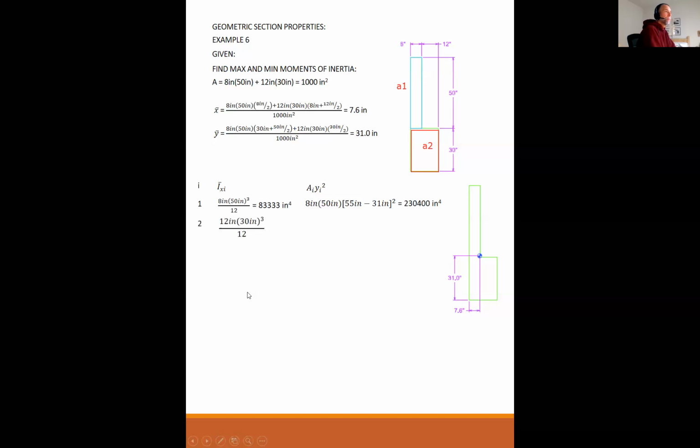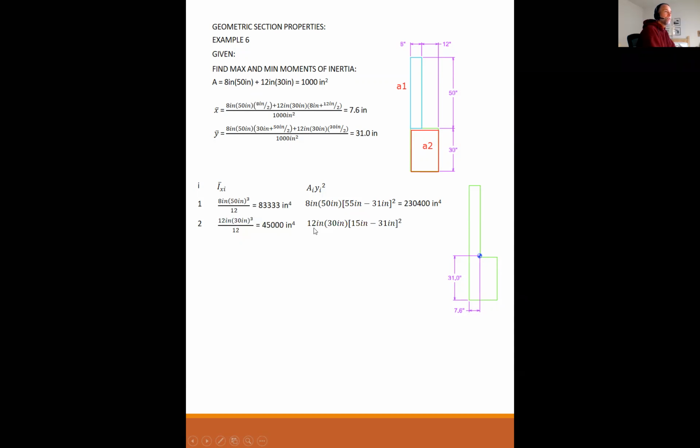Part 2, and again, I got the same mistake, it's just going to carry all the way through. But this was 20 times 30 cubed over 12, 45,000. And 20 times 30 times 15, see, oh yeah, 50, we're still in the vertical direction.